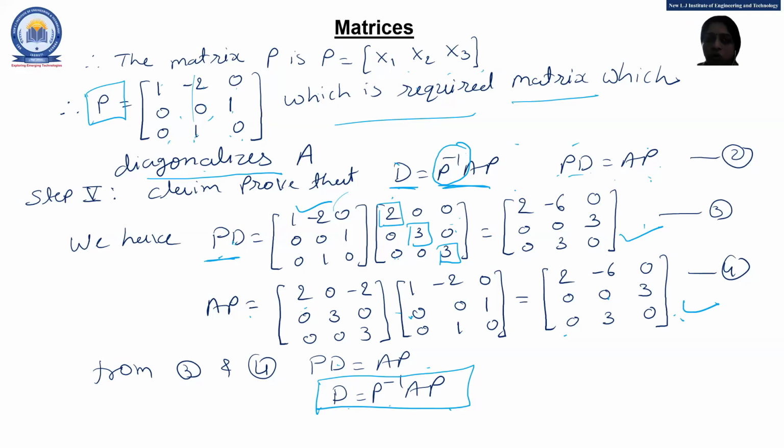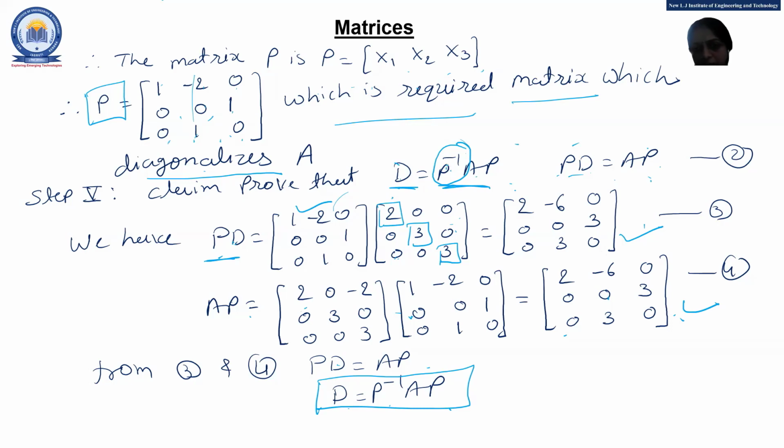See, there are two ways of proof or of finding the diagonalization matrix. In this case, this is a 3 by 3 matrix. So if you want to prove D equals P inverse AP, first you have to find P inverse.